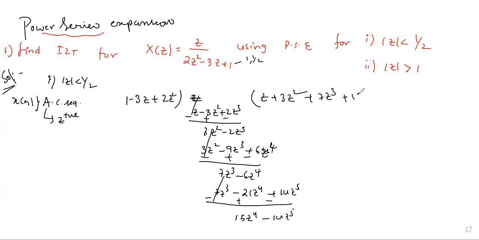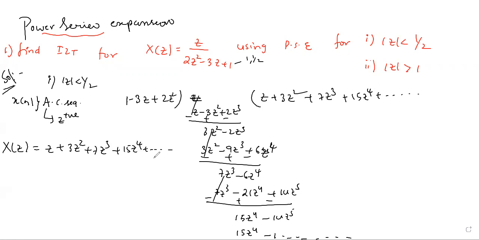So the next term will obviously be 15z power 4, and so on. This is repeating. So finally we write x of z as z plus 3z square plus 7z cube, like that up to 4 or 5 terms, and you can stop and put the symbol for so on.